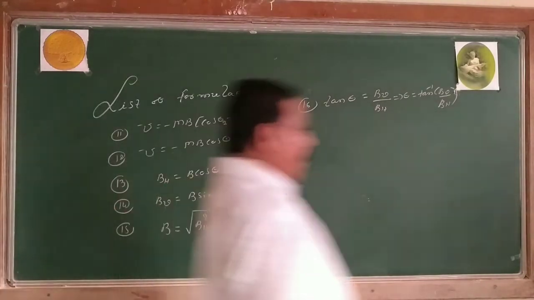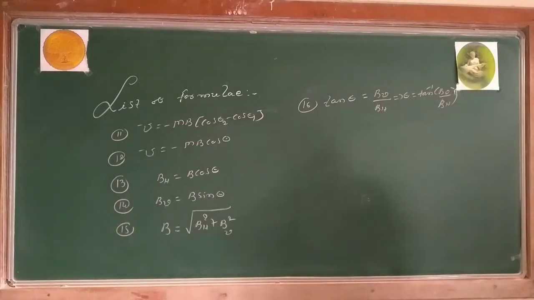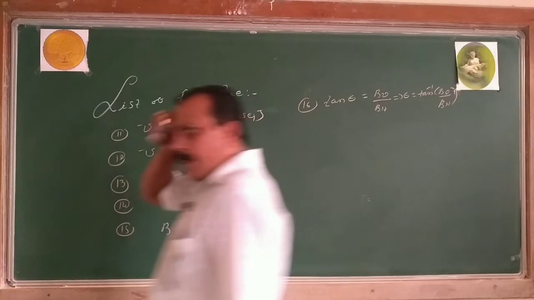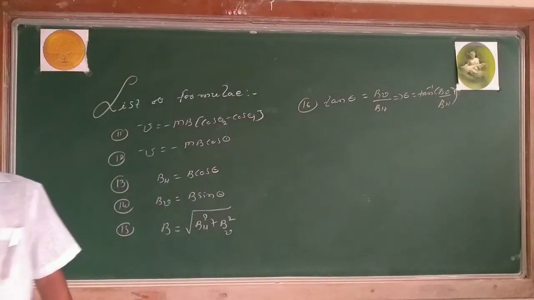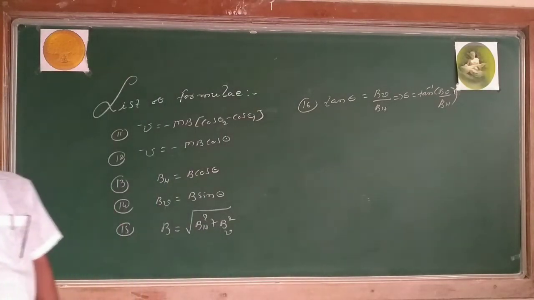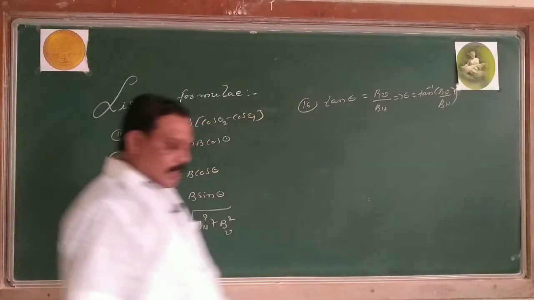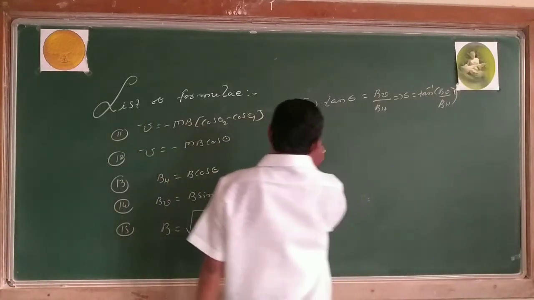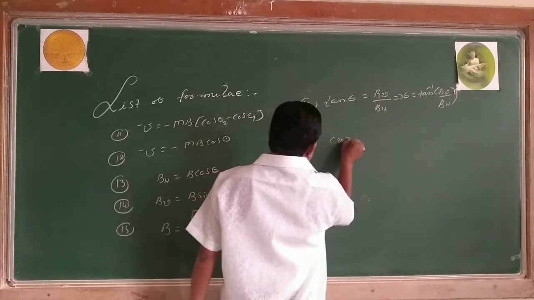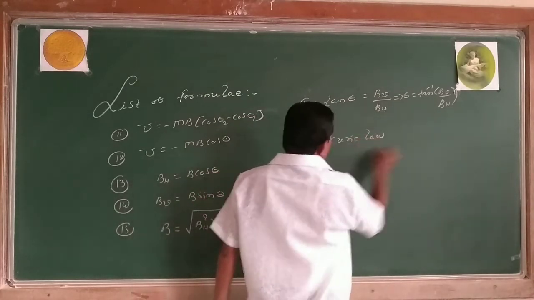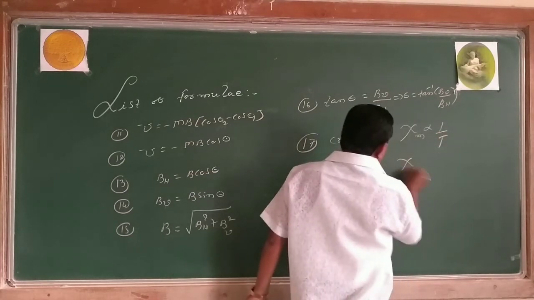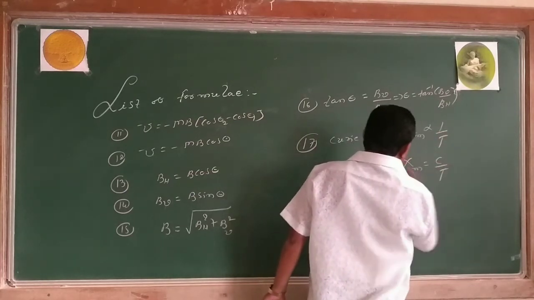After this we entered the field of magnetic materials. Magnetic materials are classified as diamagnetic, paramagnetic and ferromagnetic. After studying all the properties, we got the relationship between susceptibility and temperature. For paramagnetic, Curie law: the magnetic susceptibility is inversely proportional to temperature, so susceptibility equals C by T, where C is the Curie constant.